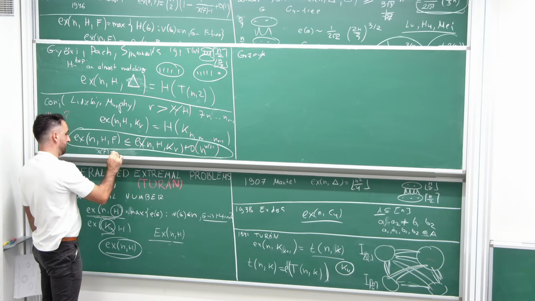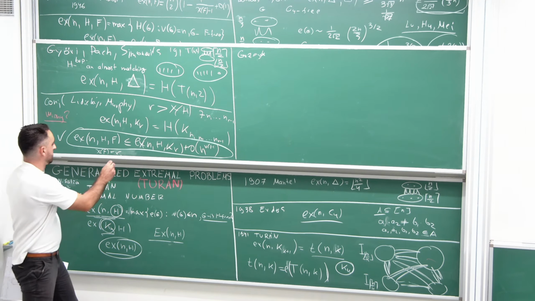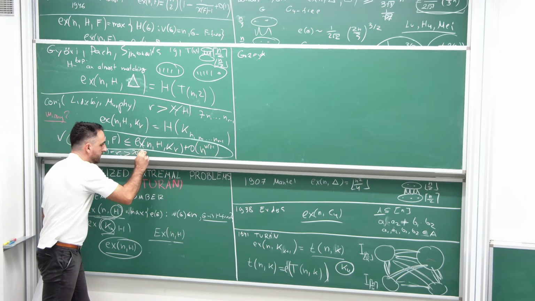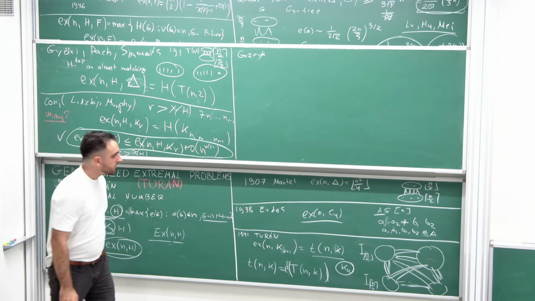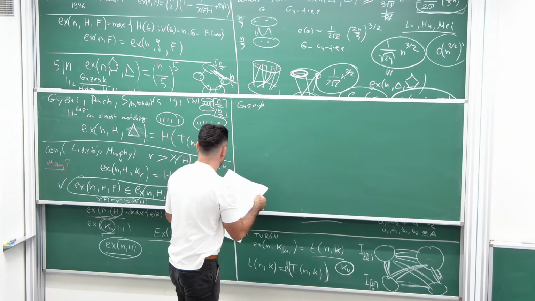Yes, that's correct. What is v(H)? And R is greater than the chromatic number of H. Thanks.